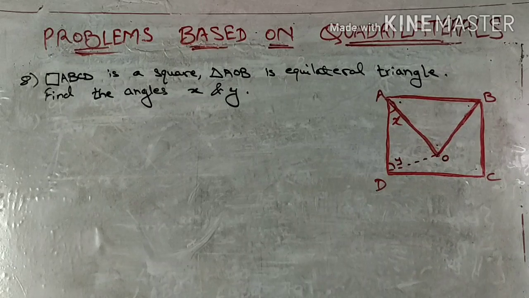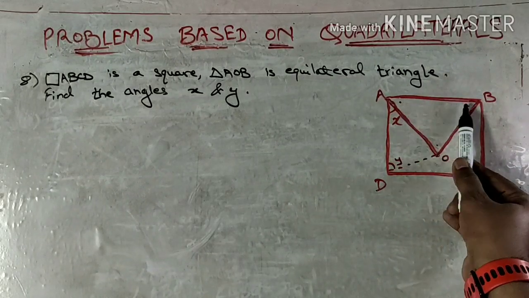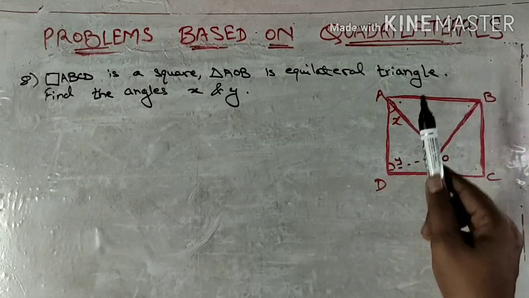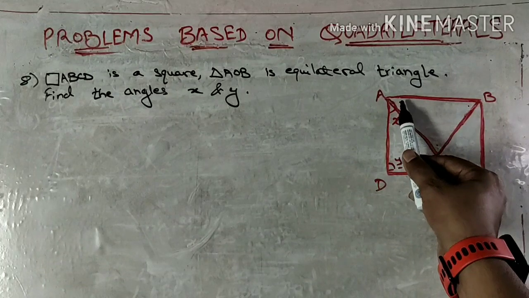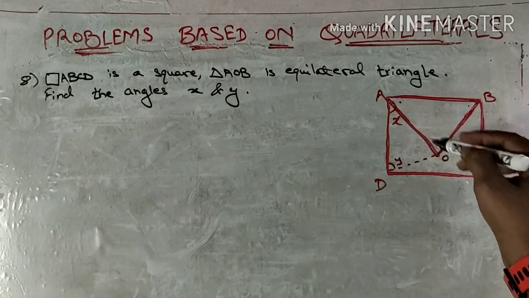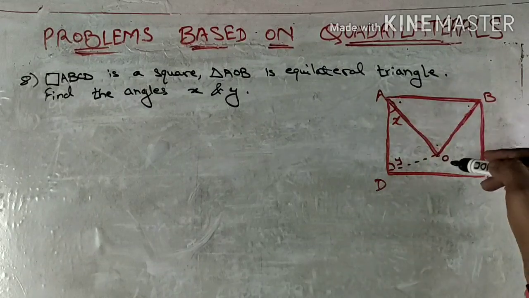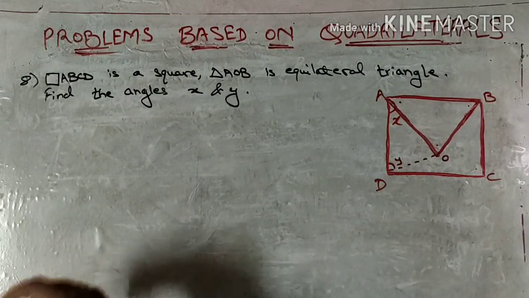That means each is equal to 60 degrees. So 60, 60 and 60 all add up to 180 to verify the angle sum property. So angle A is 60, angle B is 60, and angle O is 60. Angle OAB, angle ABO, angle AOB is equal to 60 degrees.